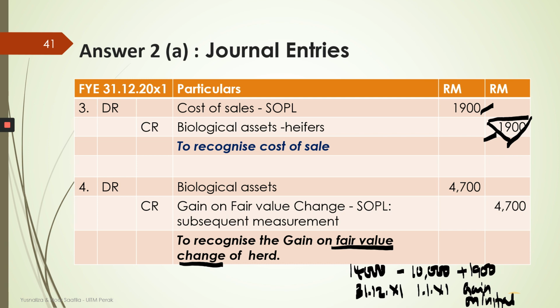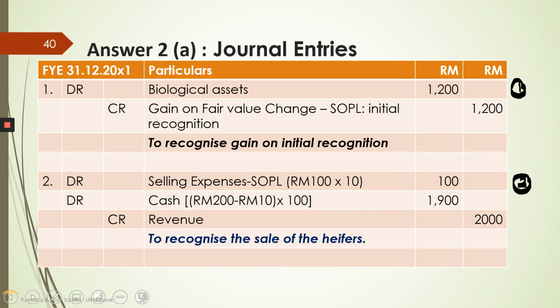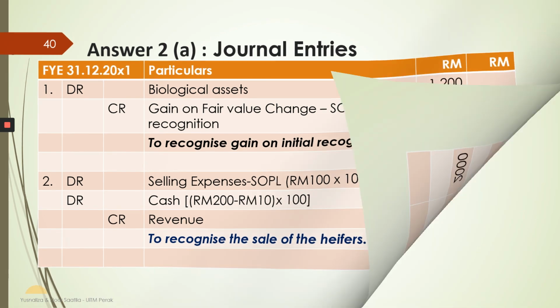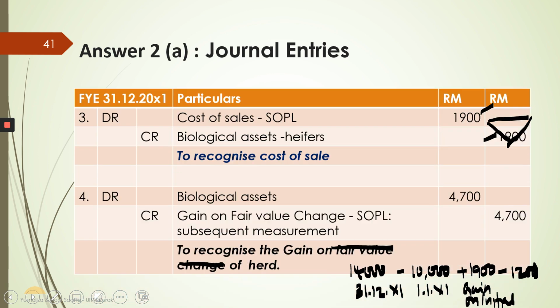So if you do that, you would need to also add minus 1,200. Sorry, this one is the cost of sale. So minus 1,200, which is from the entry here, the first entry versus the third entry.